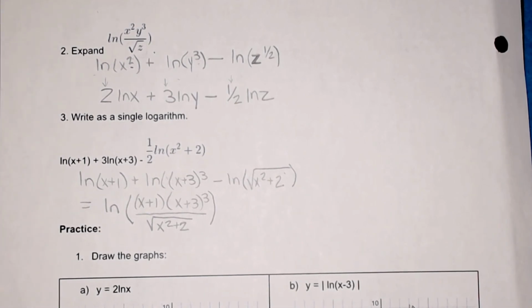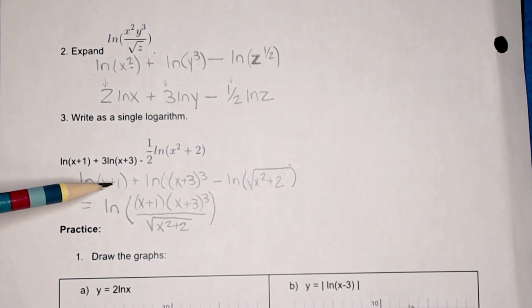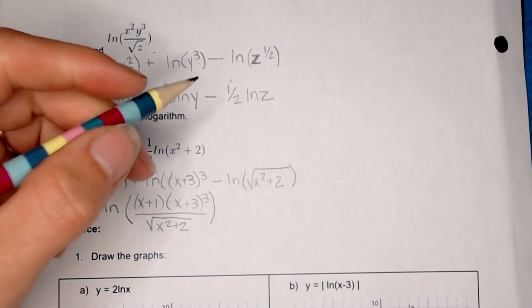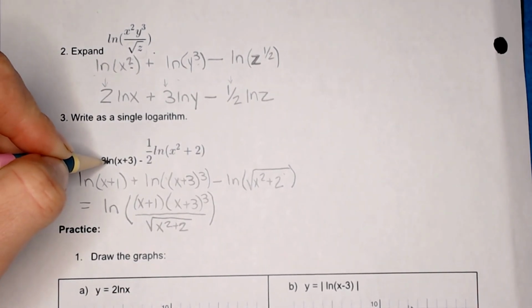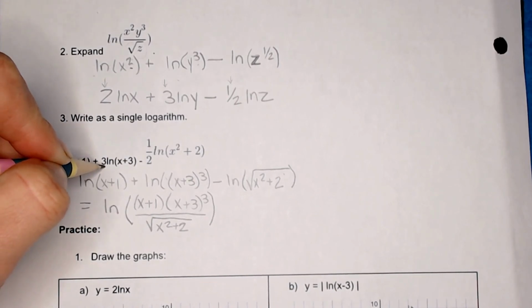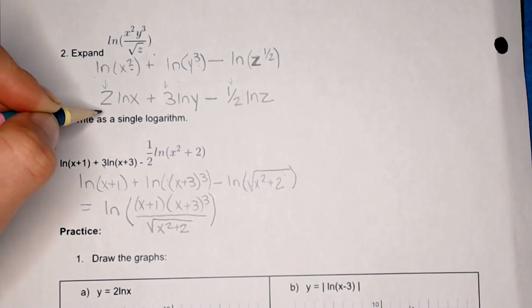The other thing you might be asked to do is to write as a single logarithm. So what we're doing here is combining all the terms. This one, natural log of x plus 1, it doesn't have anything done to it yet, so you just leave it alone. And this one, natural log of x plus 3, remember, just like in the previous example here, this value moved down to here.